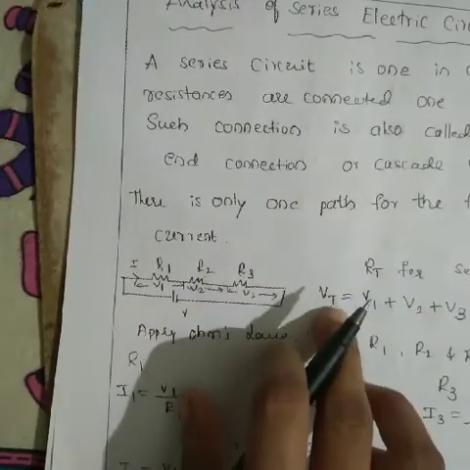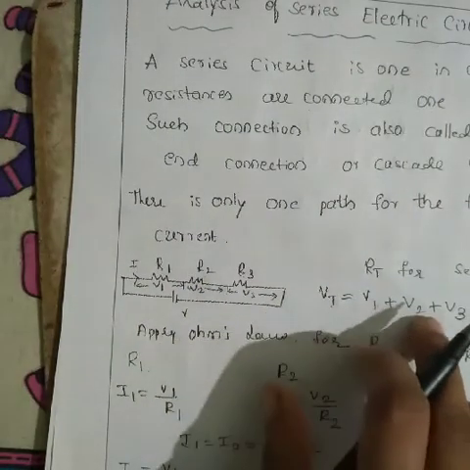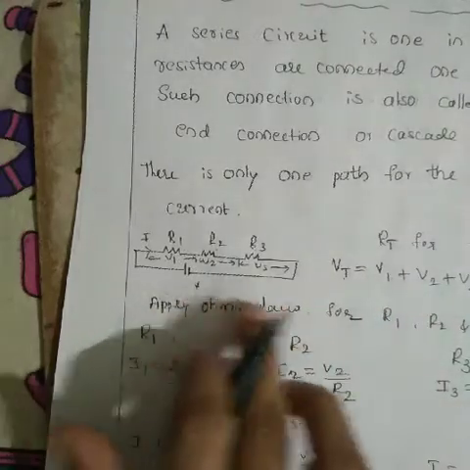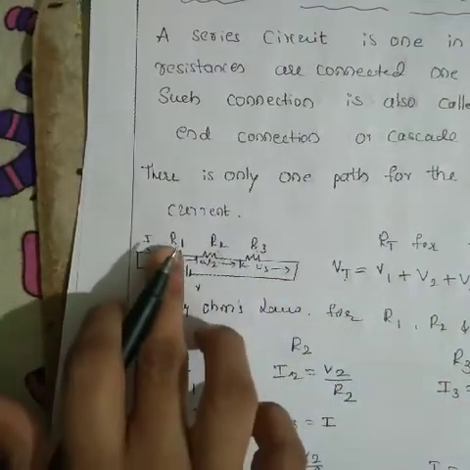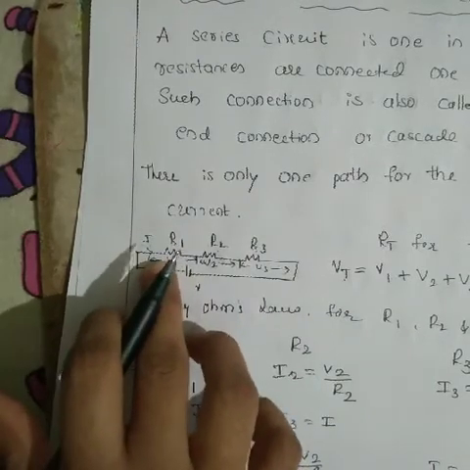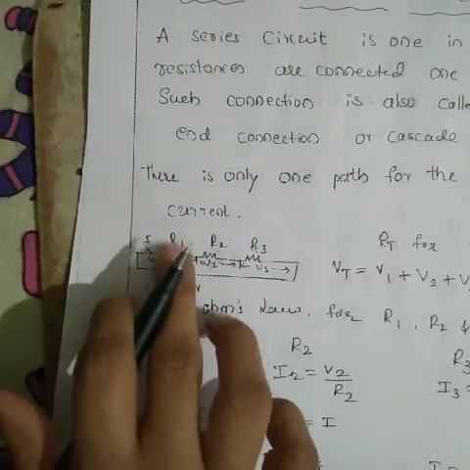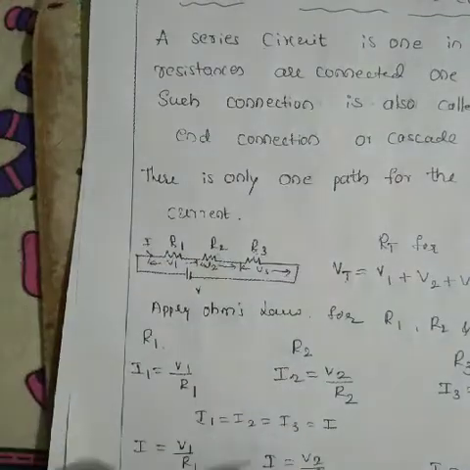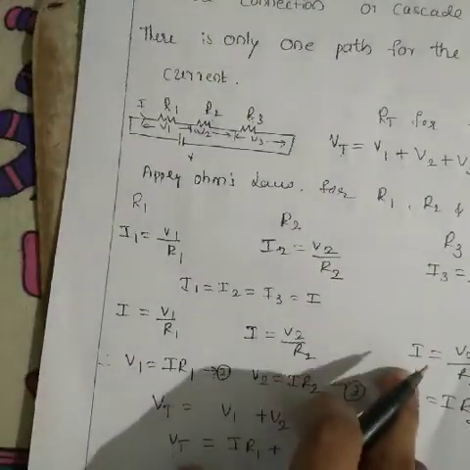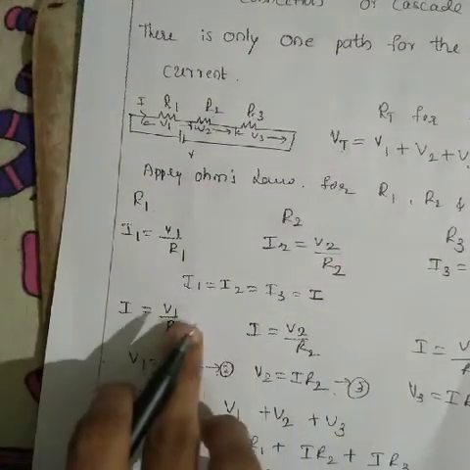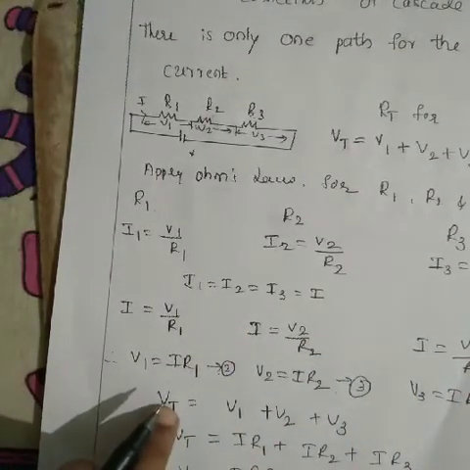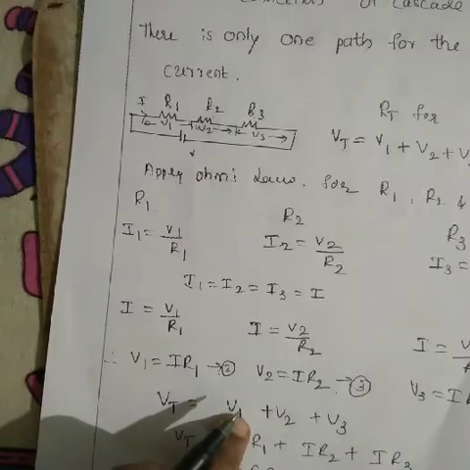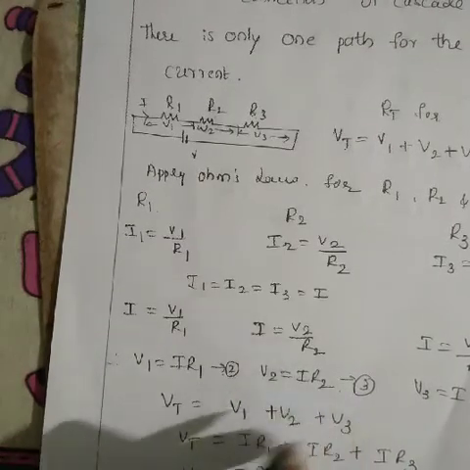First use the total voltage is equal to V1 plus V2 plus V3. Apply Ohm's law for R1, R2, then R3: I is equal to V1 by R1, I is equal to V2 by R2, I is equal to V3 by R3. Now the total voltage Vt is equal to V1 plus V2 plus V3.